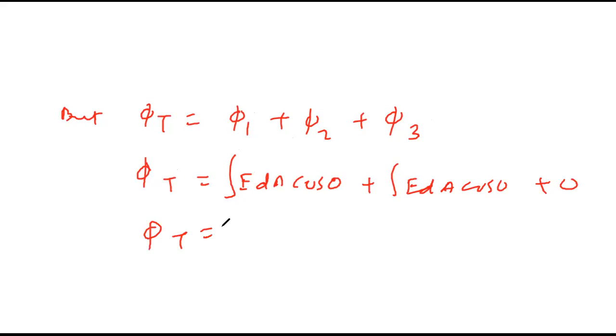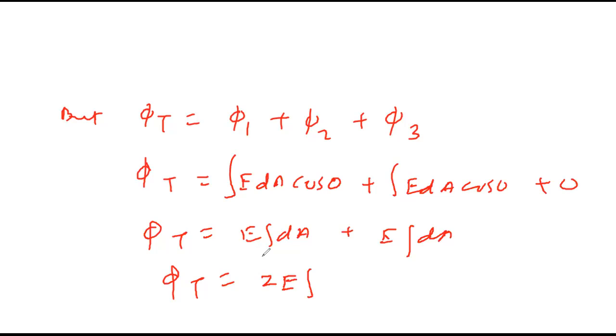So phi total will become E integration dA plus E integration dA. This is nothing but 2 times E integration dA, that is 2E dA. We have taken the total area only, so the whole small area is A.